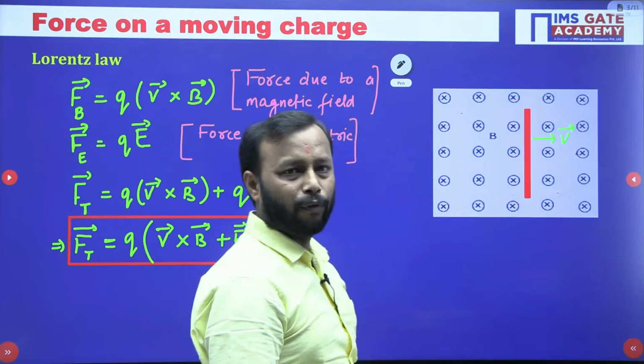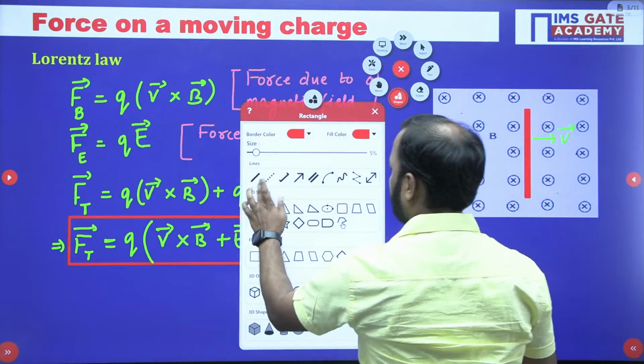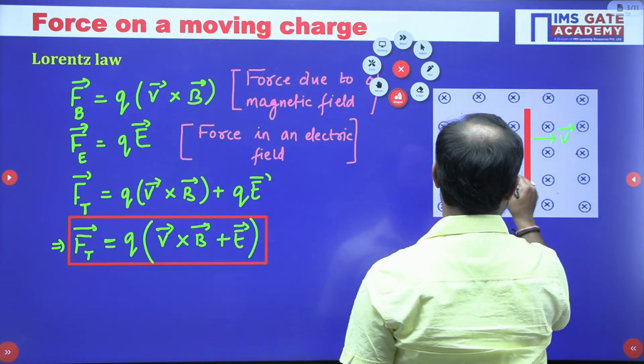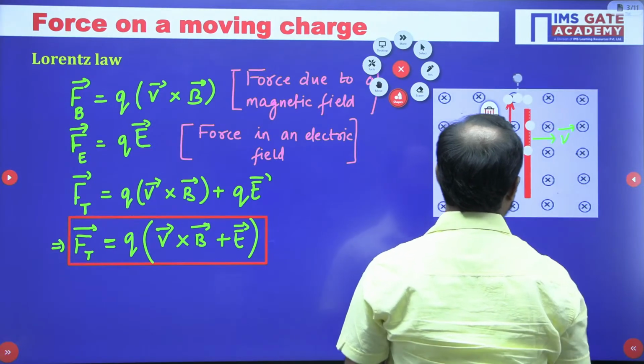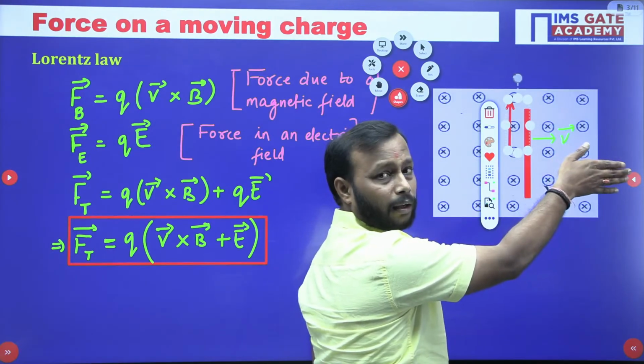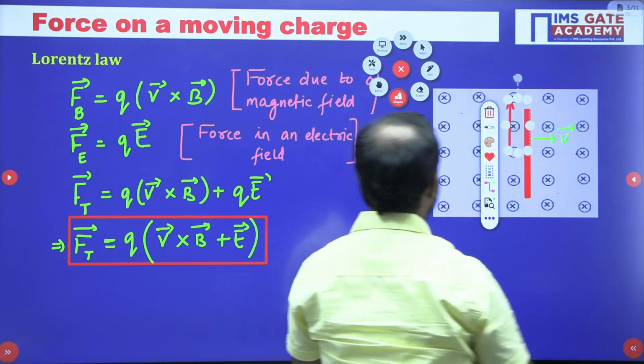It means that the force is going to be in what direction? In which direction will it have the force? Point in the magnetic field direction, which is inside. So it is upward.